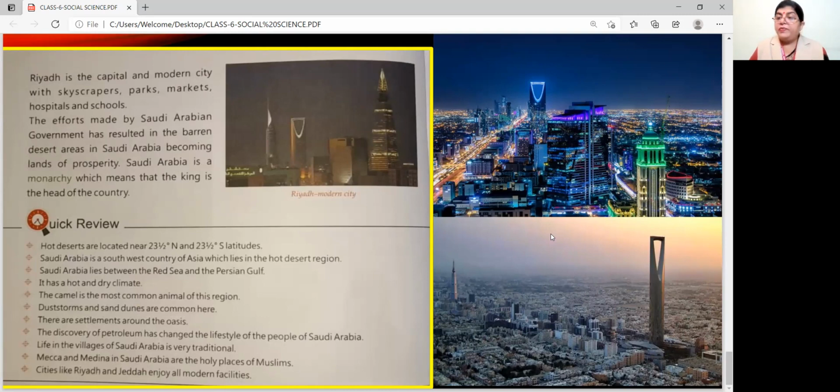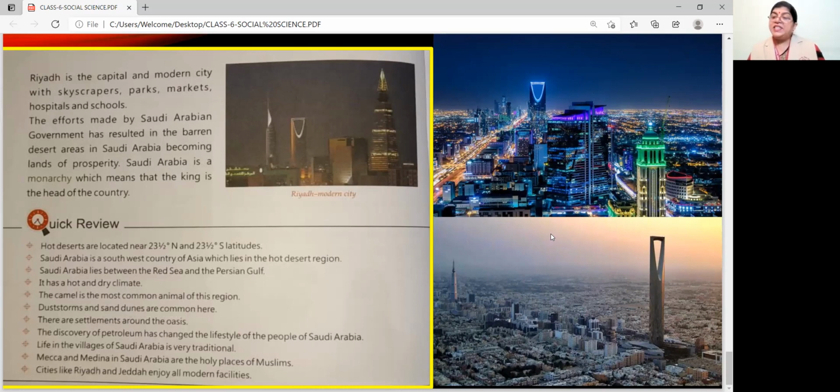Saudi Arabia is a southwest country of Asia which lies in the hot desert region. If I say it lies in the cold desert region, then the answer should be false. If I ask this true or false question, that Saudi Arabia lies in the hot desert region, then it is true.